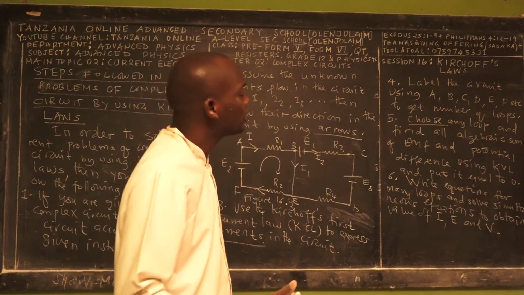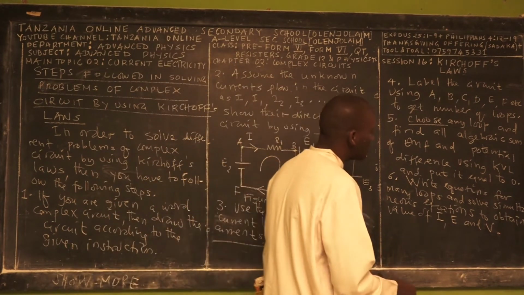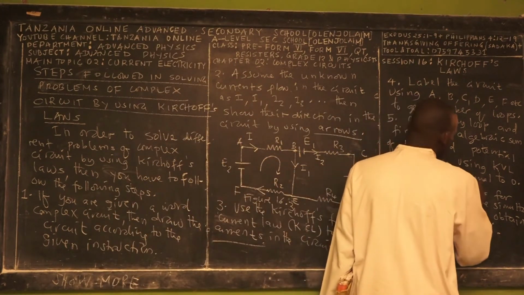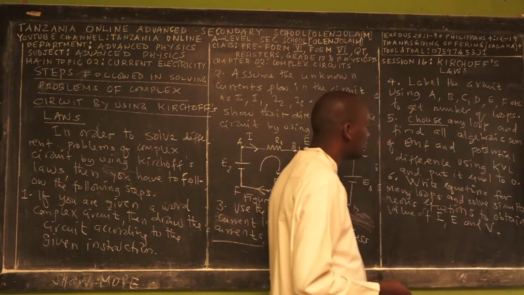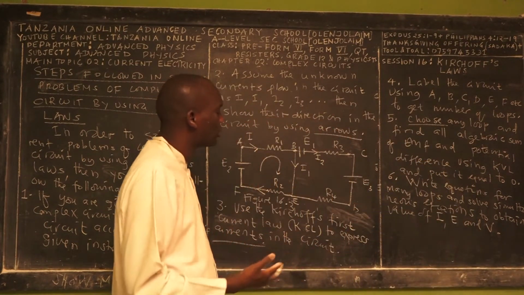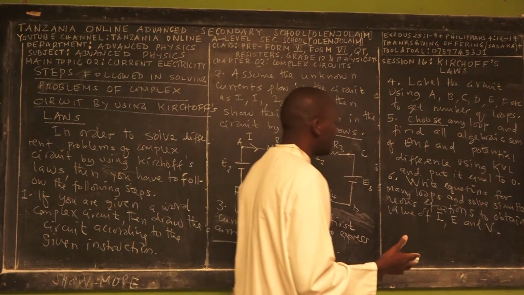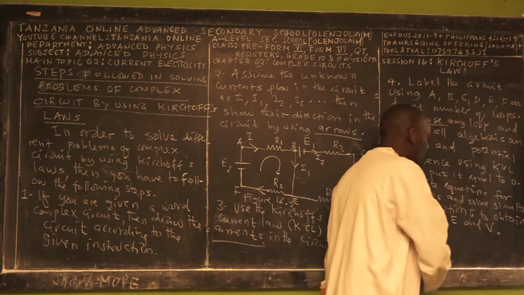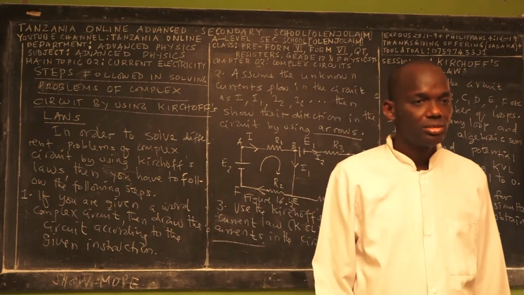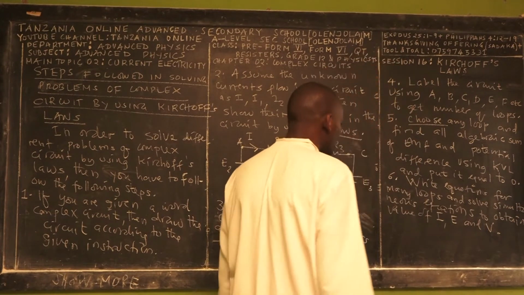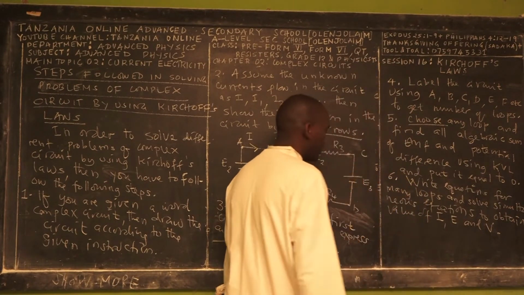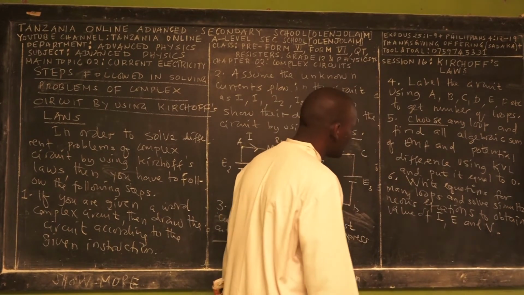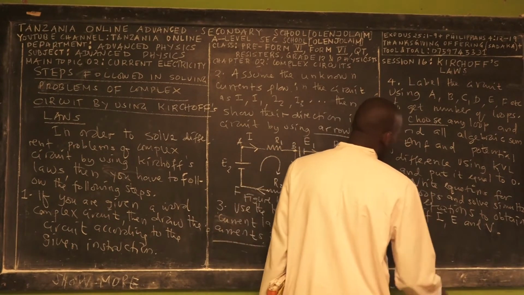So write equations of each loop as well as you can. After you've written maybe 3, 4 or 5 equations, you choose related equations and solve them simultaneously. Are we together? Solve them simultaneously. The aim of solving them simultaneously is to obtain what?